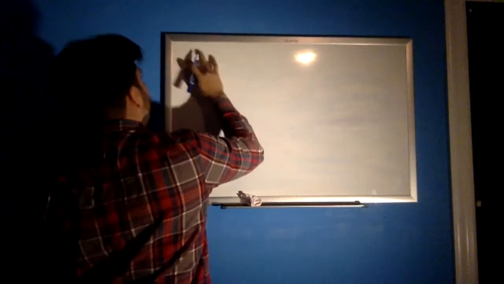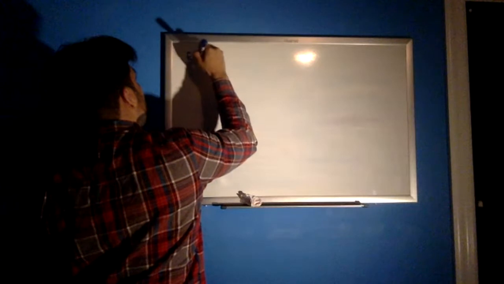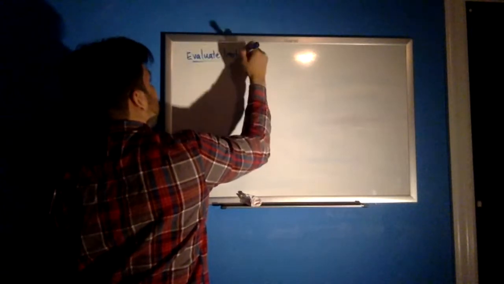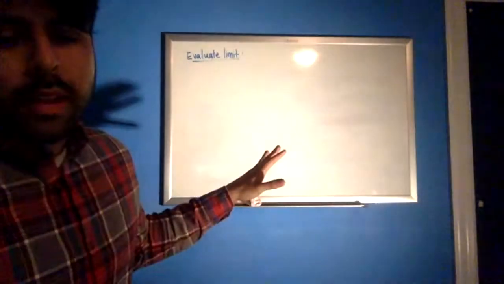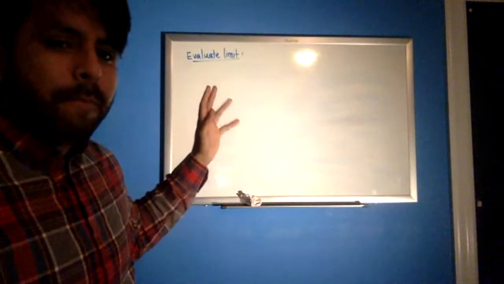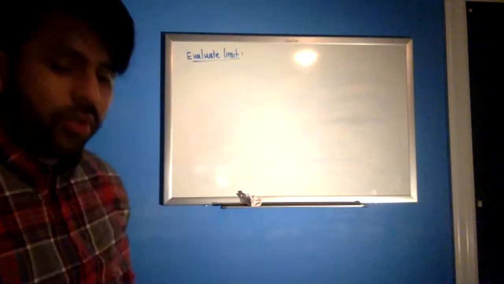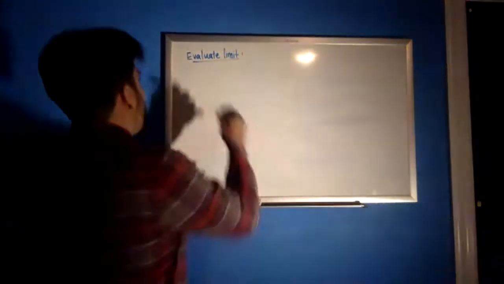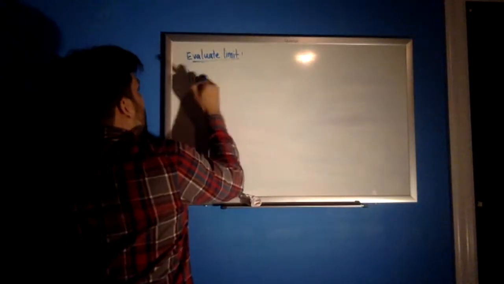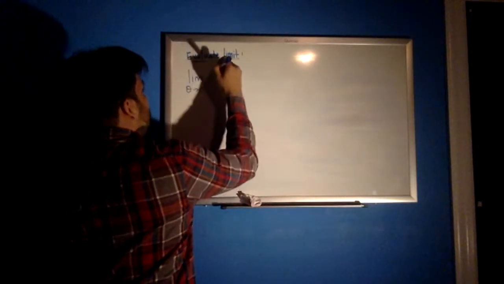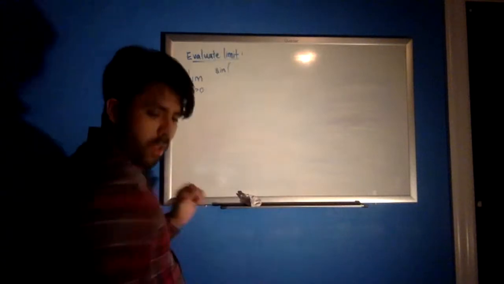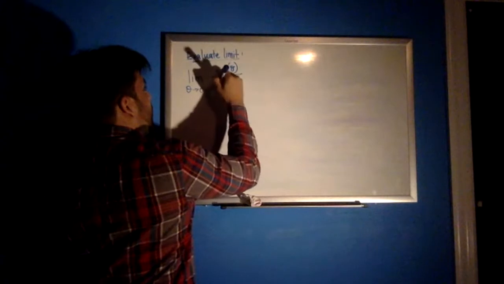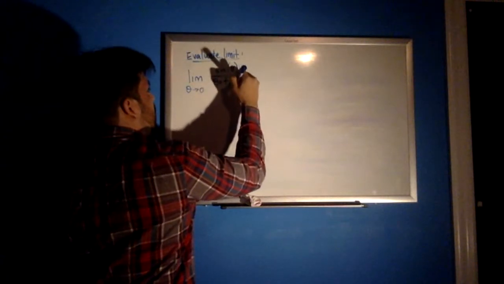I want to evaluate limits. I believe this might be the hardest limit problem you've seen in your homework using trigonometry. It says: limit as theta goes to 0 of sine of theta over theta plus tangent theta.